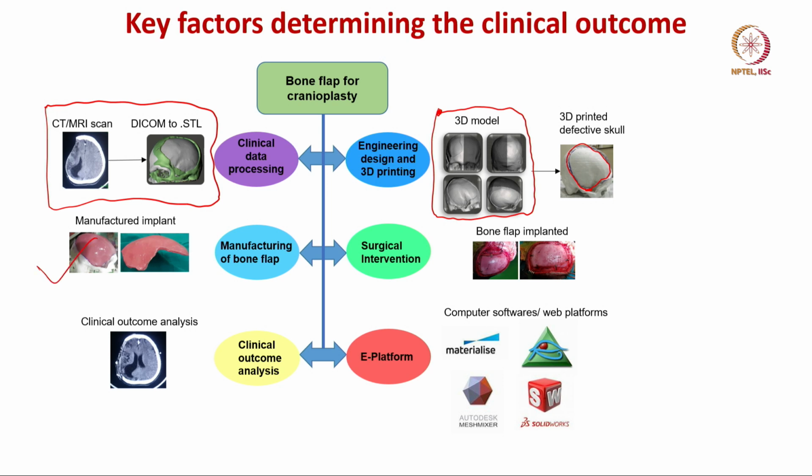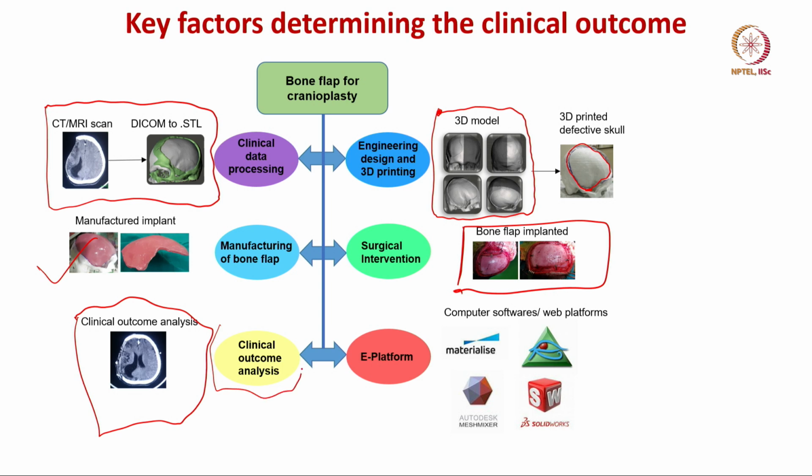Then that will be placed during the cranioplasty surgery, which I will show you in a few minutes. During the surgical intervention, the bone flap will be implanted, and then the clinical outcome will be recorded over a longer period of time and assessed.